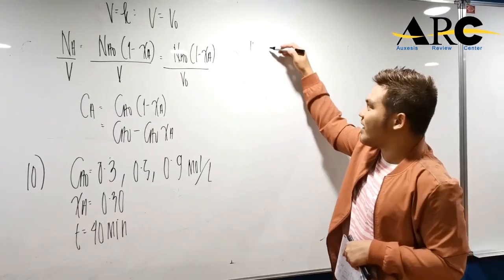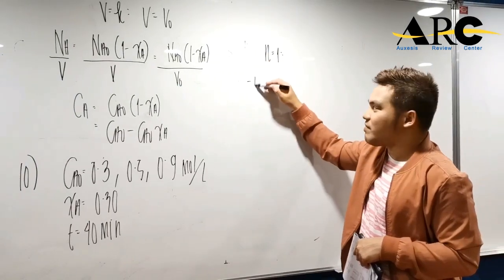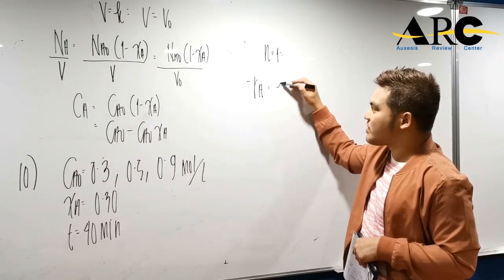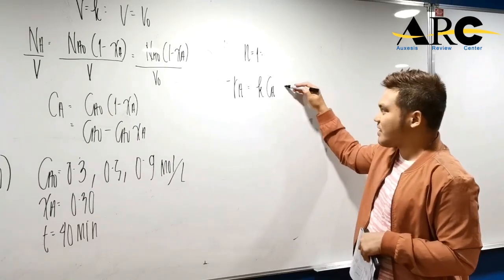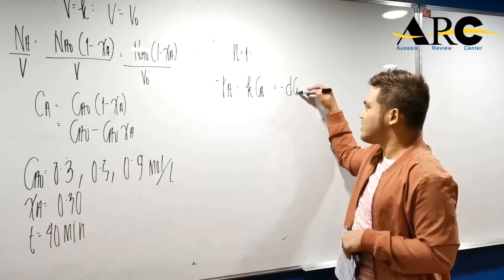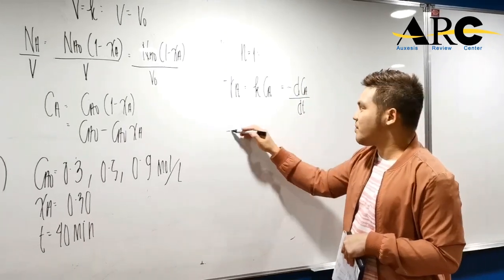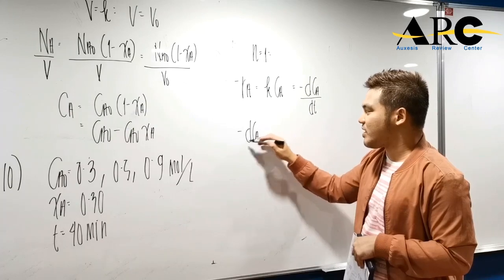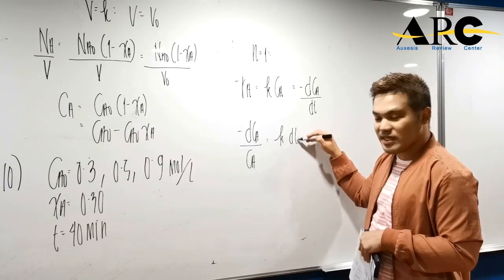So, kapag given tayo ng n equals 1, negative RA is equal to KCA. Again, negative RA is negative dCA over dt. Separation of variables, negative dCA over CA equals K dt.